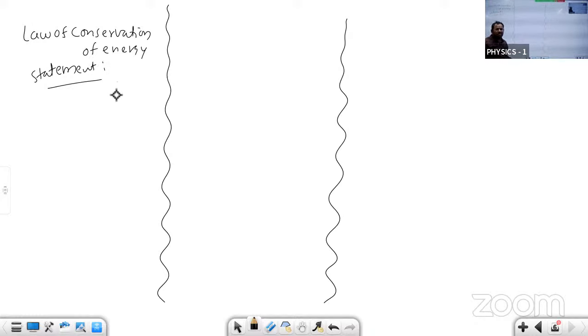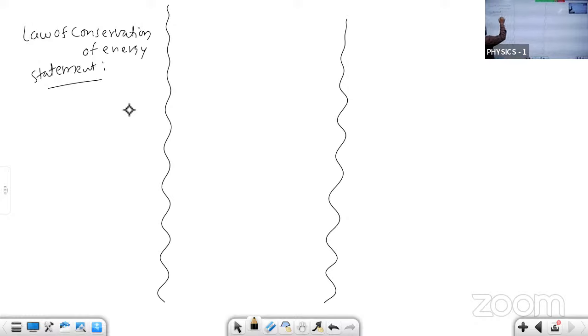Law of conservation of energy is a very old statement, and I am explaining because every student knows this one. Energy is neither created nor destroyed, but energy changes from one form to another form. This is the statement of the law of conservation of energy.